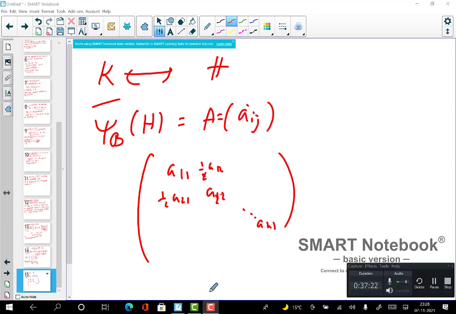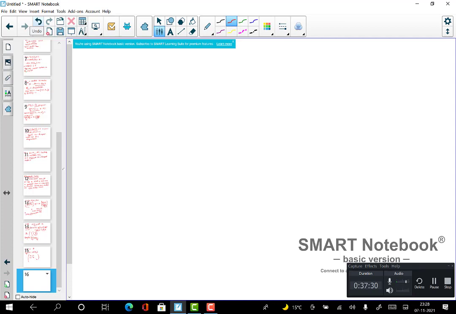Now let us discuss quadratic forms. Quadratic forms on reals are more important, so we will discuss those. For real numbers, we know that symmetric matrices are not only diagonalizable but also orthogonally diagonalizable. That means you can find an orthogonal matrix which takes the symmetric matrix to a diagonal matrix.